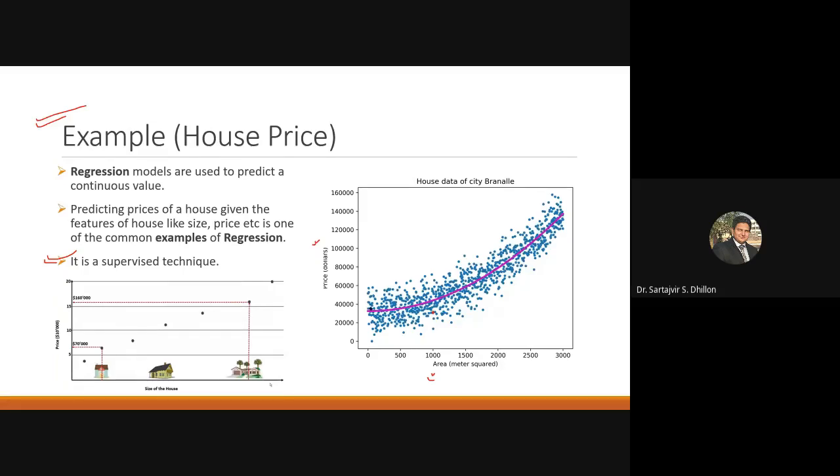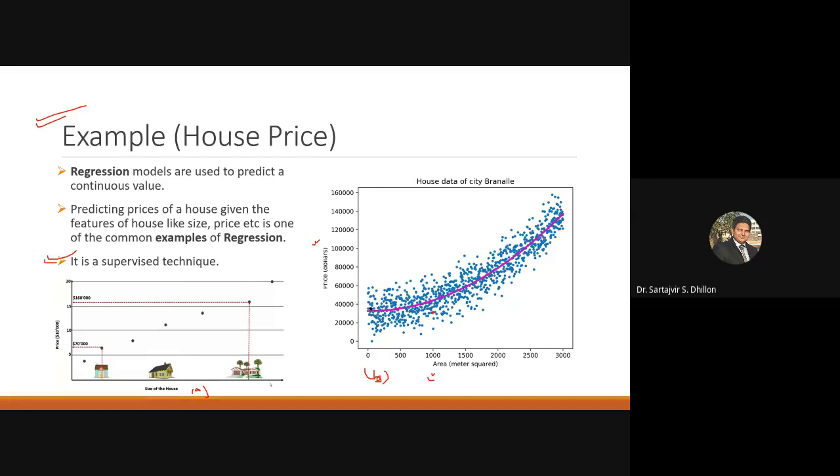Before understanding, there is a figure B, this one, and let us understand figure A first. In figure A, you can check these data points, which are already stored or labeled data.